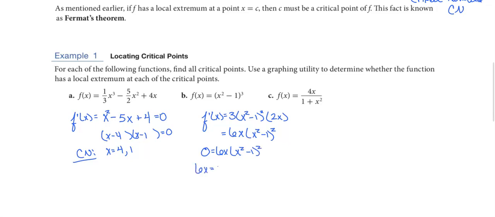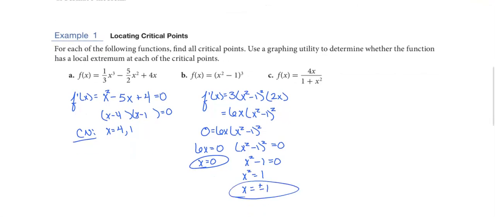So we have 6 times x equal to 0 and x squared minus 1 quantity squared equal to 0. So we're going to get 0 here. I take the square root of both sides and then set that equal to 0. You get plus and minus 1. So these are my critical numbers. If we have a max or a min, it's got to happen there.